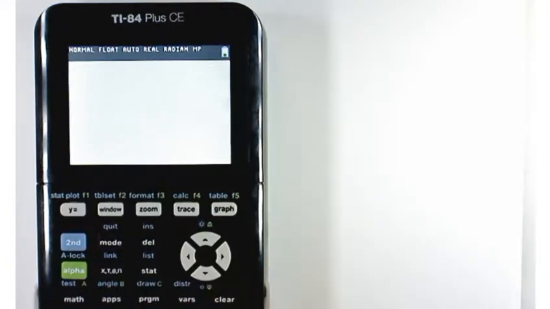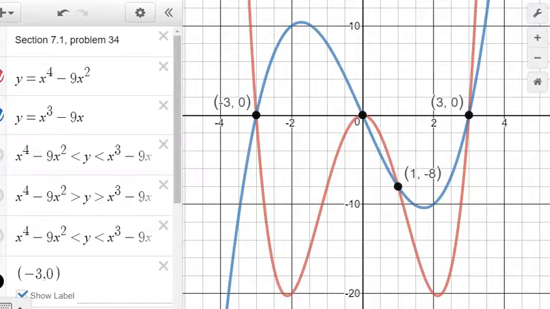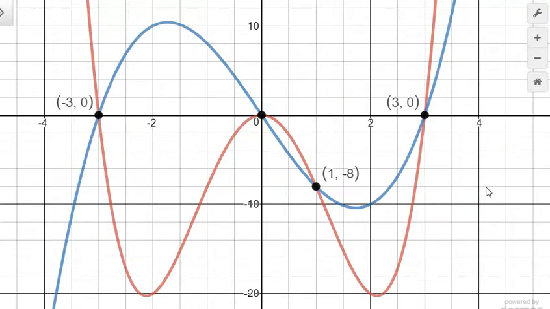Instead, I'm going to start working on trying to find the area. So the area between these two curves gets a little tricky for one reason. Can maybe somebody articulate that reason? Why does it get tricky to find the area between these two curves? Good. Not symmetrical, different curves.